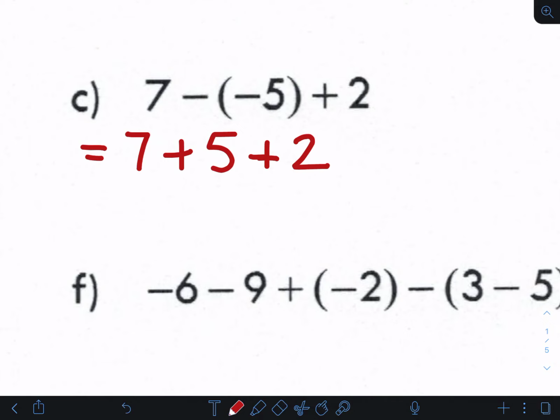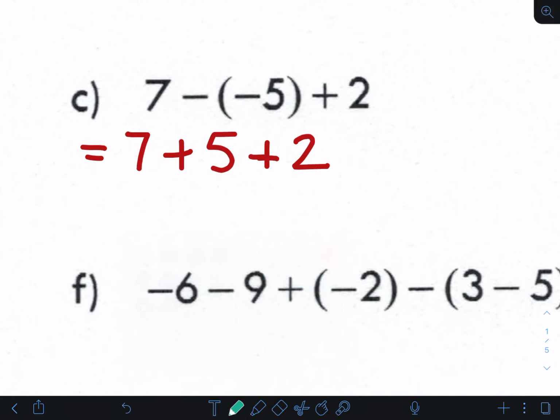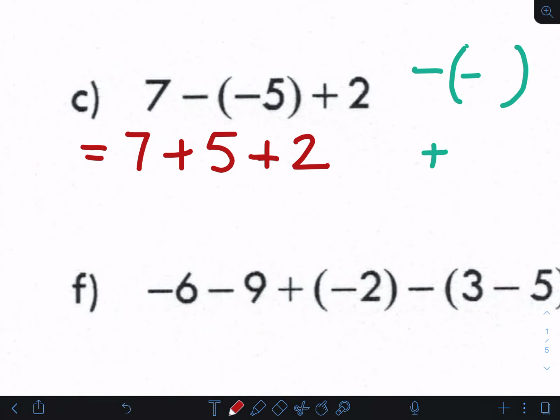Whenever you see this pattern of brackets, negative, and then something on the inside that is negative, that's just going to be a positive number. Okay? And then the rest we just do simple addition. Okay, so we'll have 5 plus 7 is 12, plus 2 is 14.